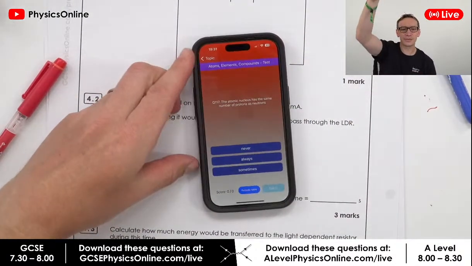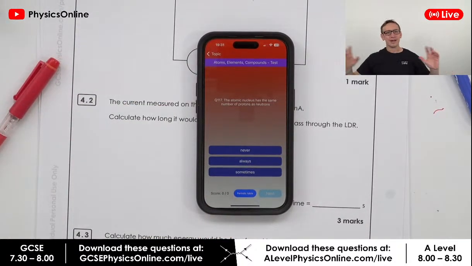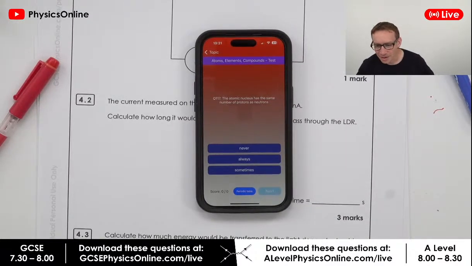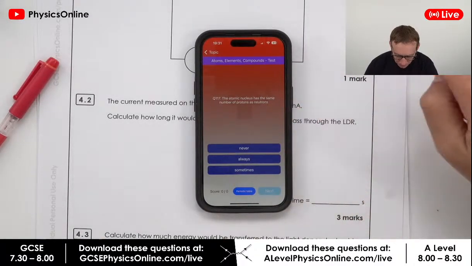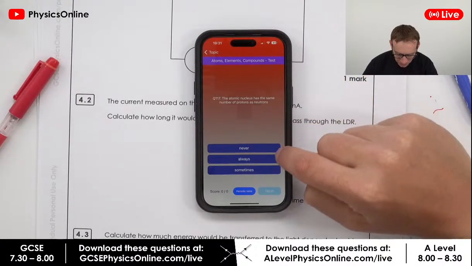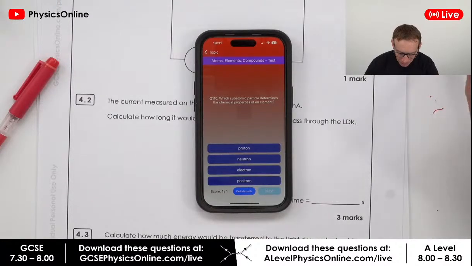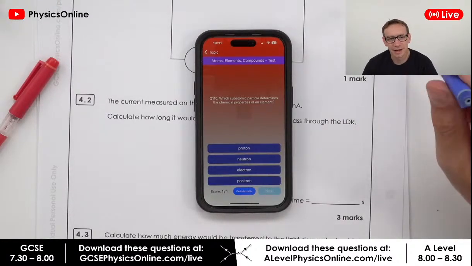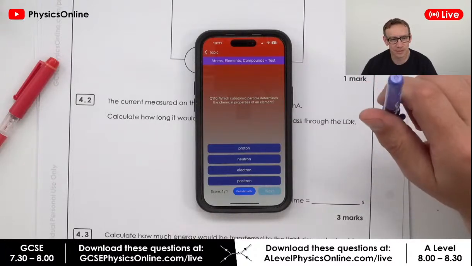This is just to show you really that although this is a mainly physics live stream tonight, I'm still a science teacher and chemistry is still an important part of that. The atomic nucleus has the same number of protons as neutrons: always, never, or sometimes. I think sometimes would be the best answer. Which subatomic particle determines the chemical property of an element?